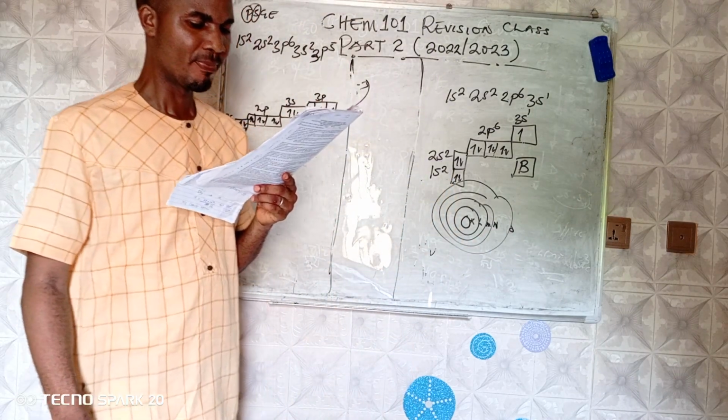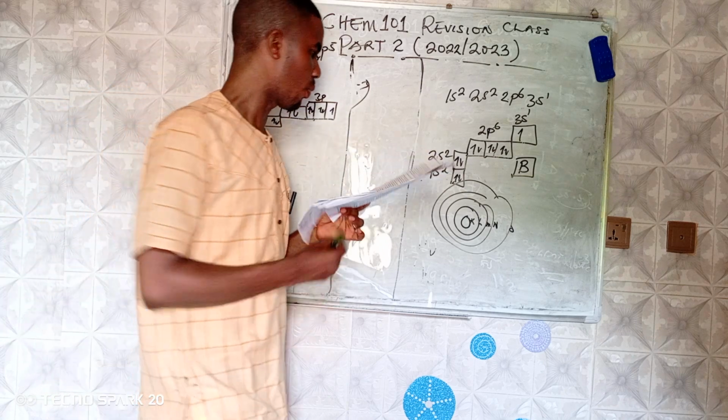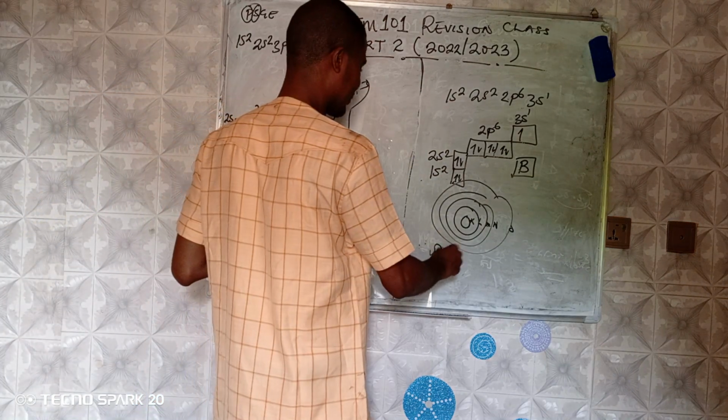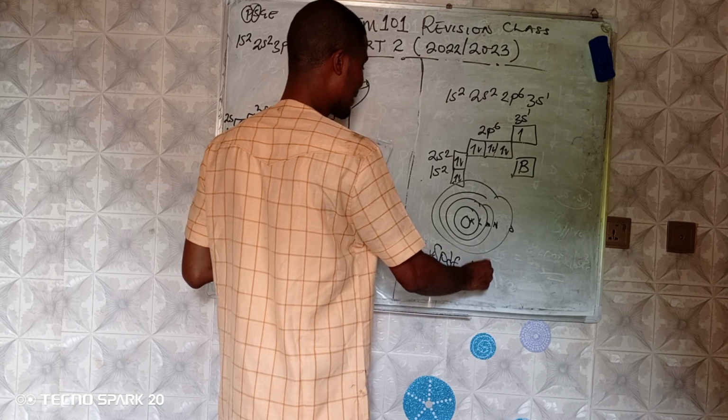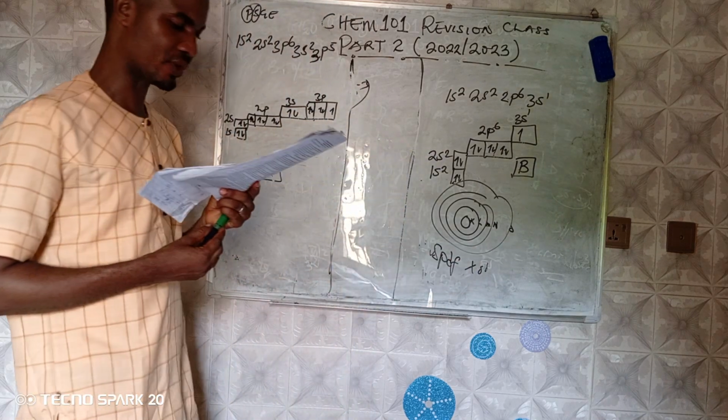These ones are called the orbits, while the s, p, d, f are called the orbitals. That's 46.